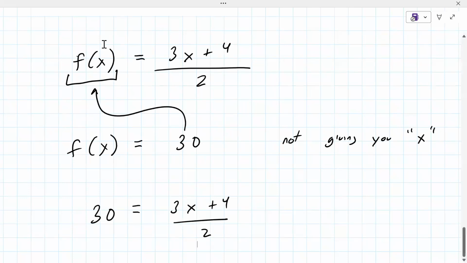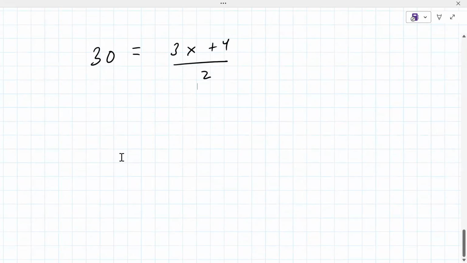Have you seen that before? Yeah. Okay. Now, any idea how you might solve something like this? Divide. You can't divide.